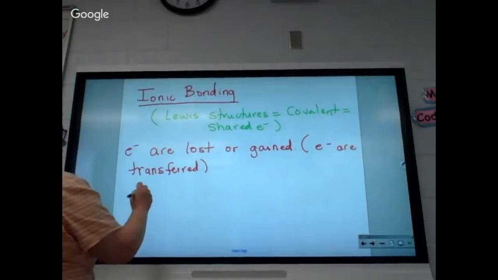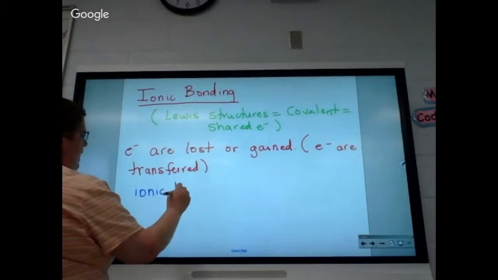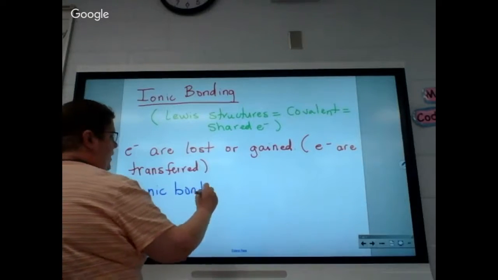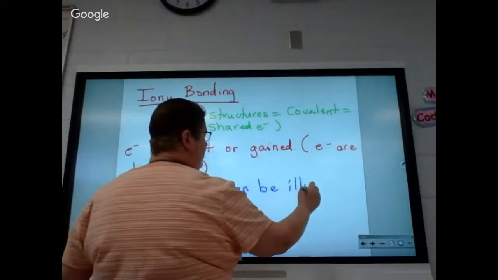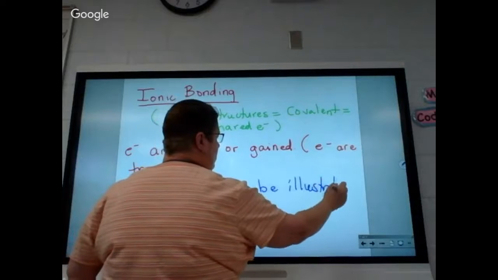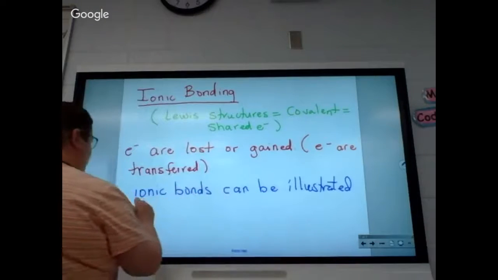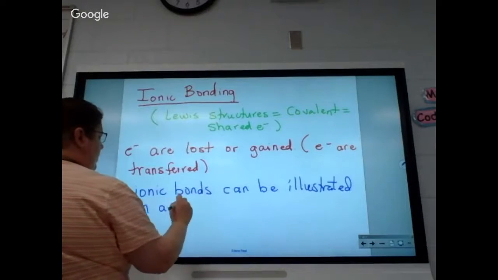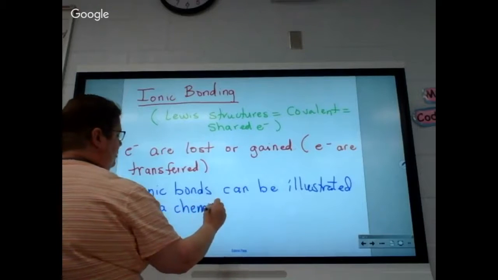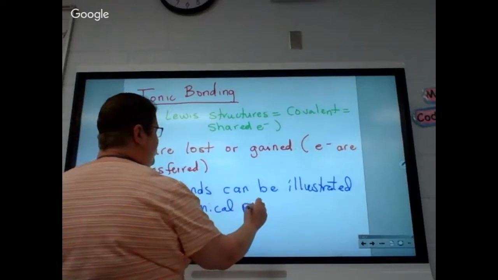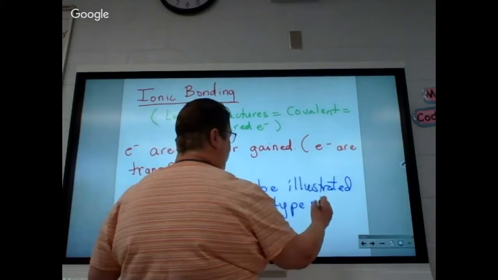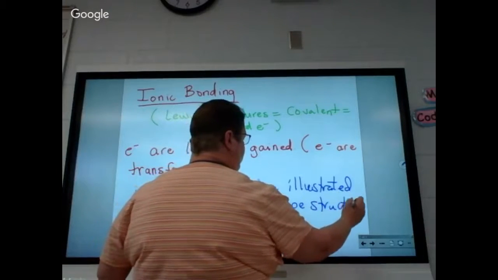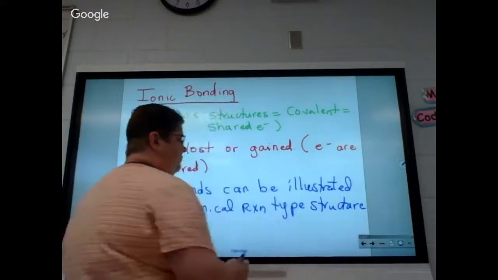Now, ionic bonds can be illustrated in a chemical reaction type structure. Okay?